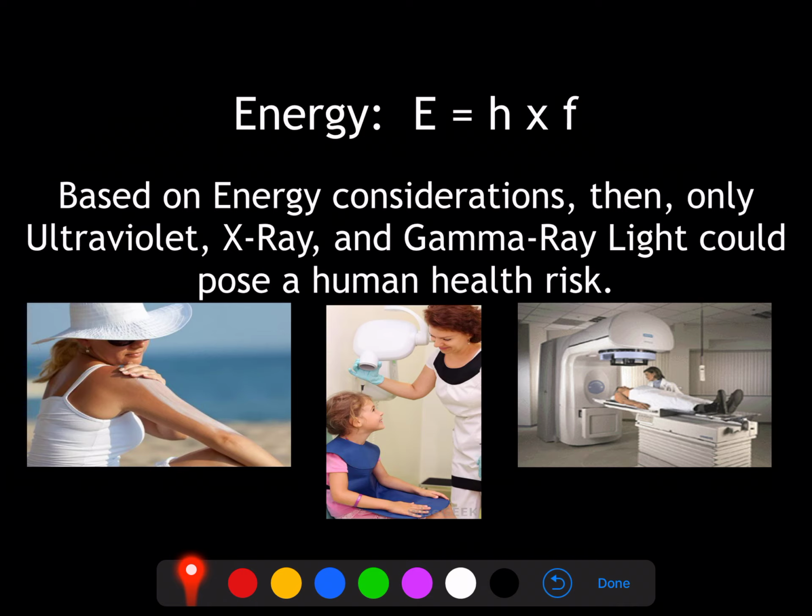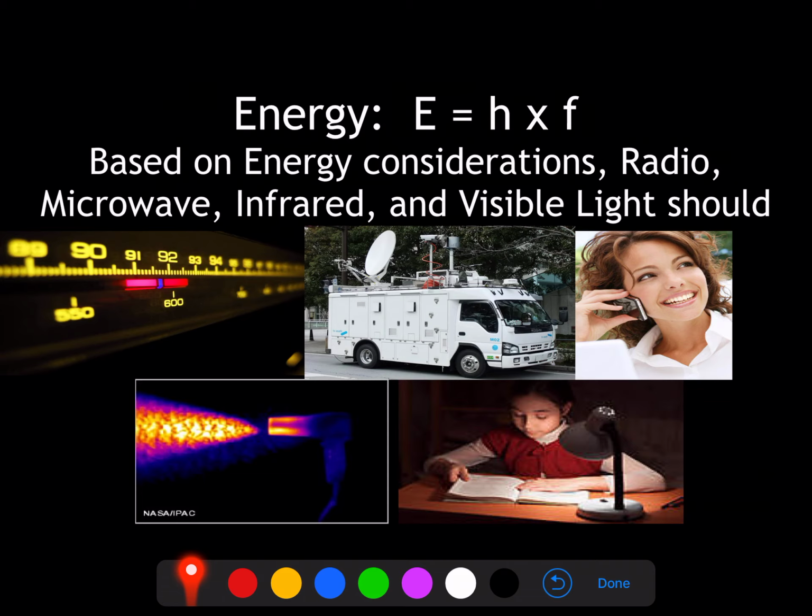You kind of intuitively know that because you generally take precautions against these higher frequency forms of electromagnetic radiation, ultraviolets, X-rays, and gamma rays, either by some sort of a lead apron or even something as mundane as sunscreen to protect yourself from ultraviolet radiation. Humans generally take precautions and try to minimize their exposure to those kind of high frequency forms of radiation.